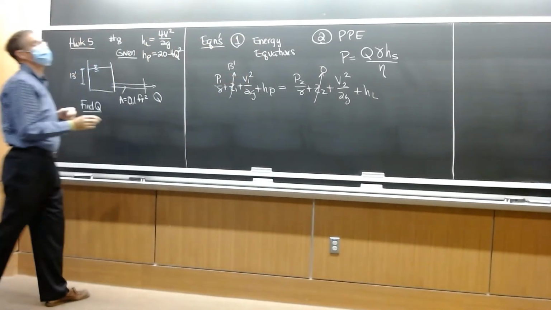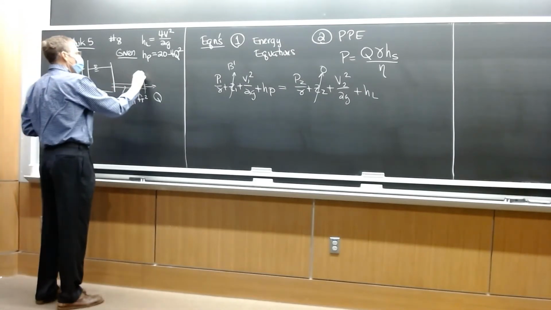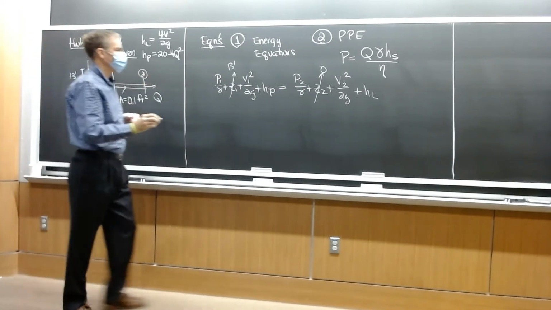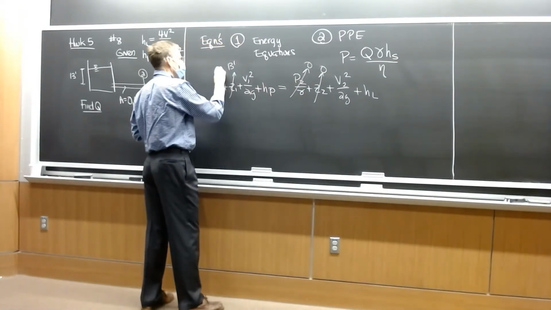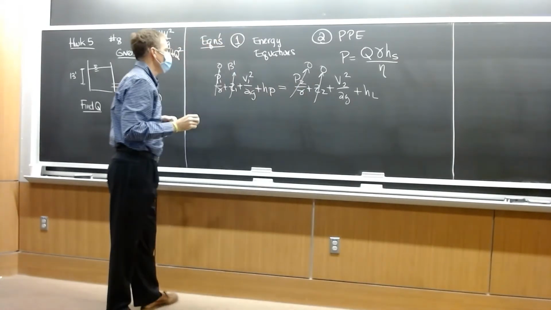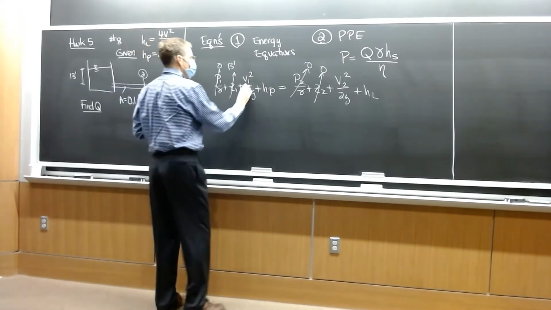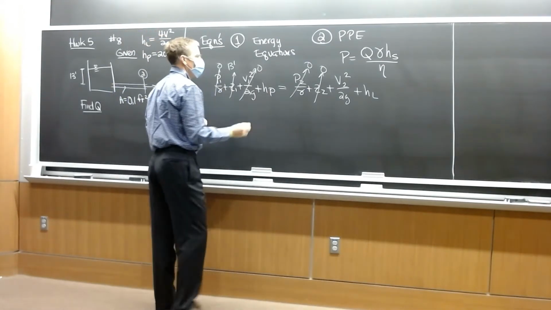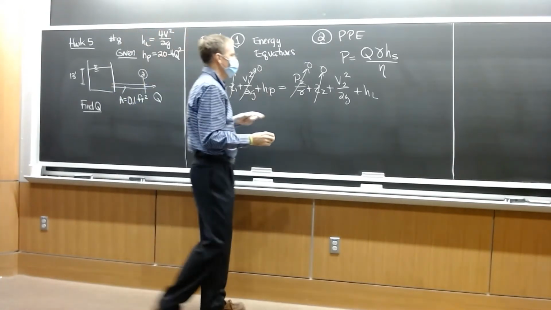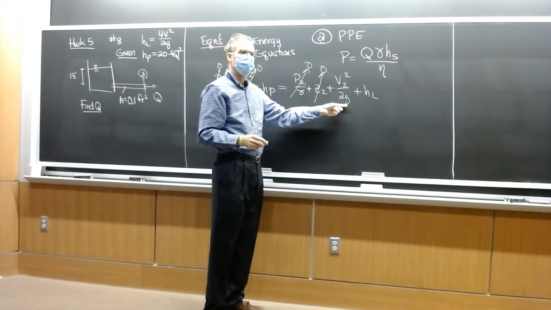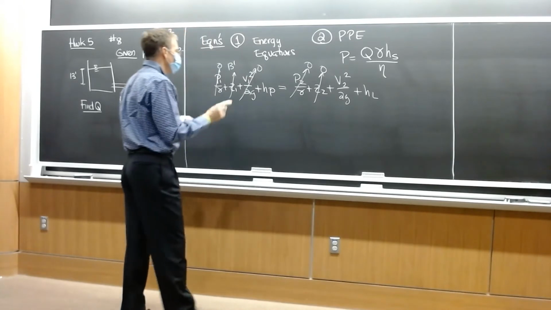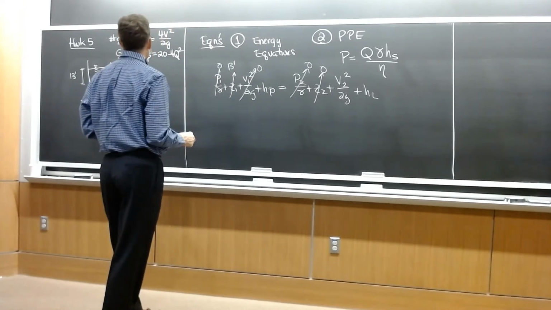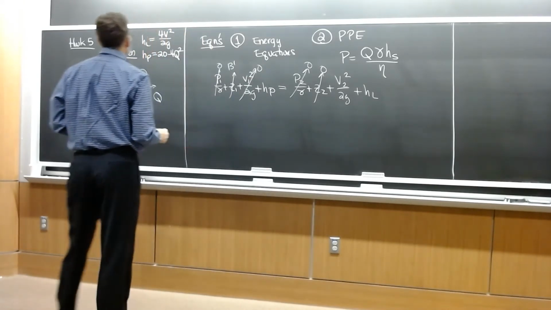Say location 2 is here, so those are 0, that's 0. We do have to consider the velocity head at the downstream side.